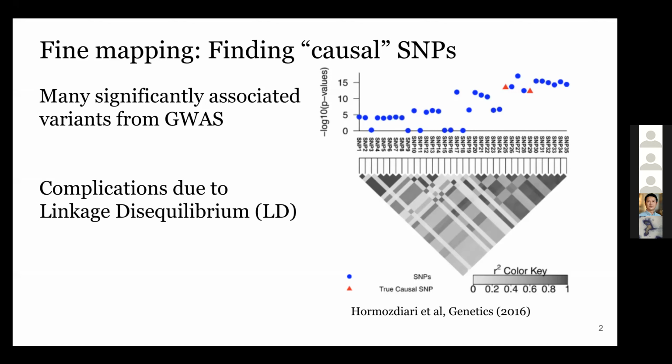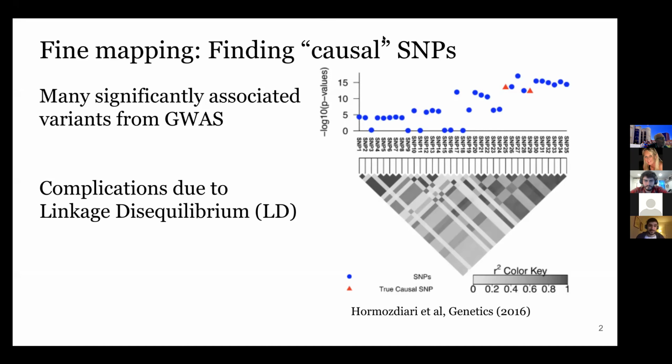In GWAS, we get a bunch of genetic loci that are associated with complex traits. Within each of these loci, there's a bunch of SNPs associated with those traits. An important question is which of these SNPs are causal, and I'll explain in what sense we mean causal.